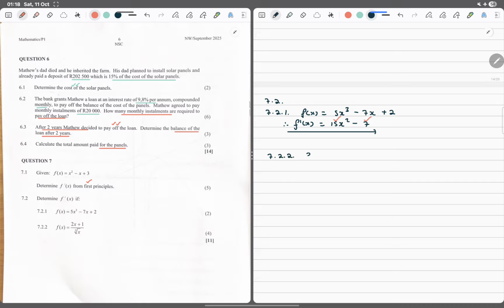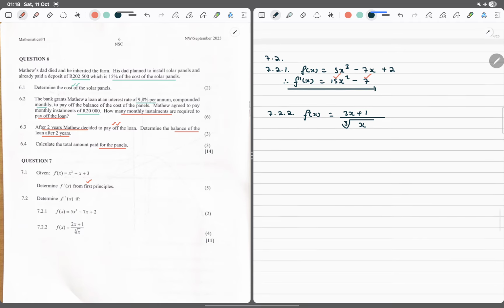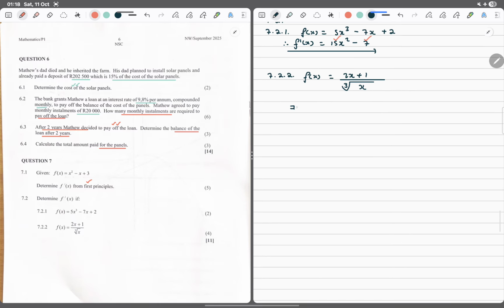Then we've got 7.2.2. If we look at our f here, f is not ready for differentiation. So we need to start doing some things. This is the cube root of x, okay? So we know that our f is basically 2x plus 1 divided by, we first convert that into exponential form.